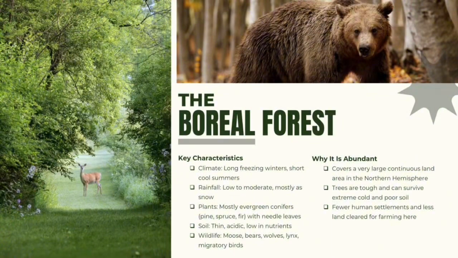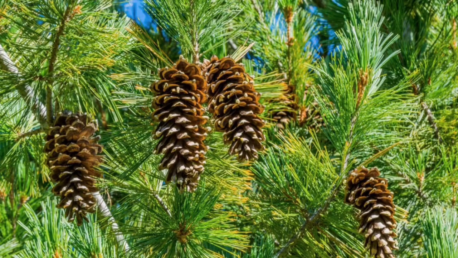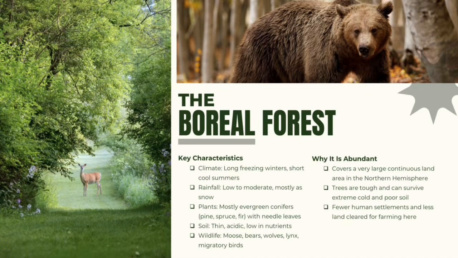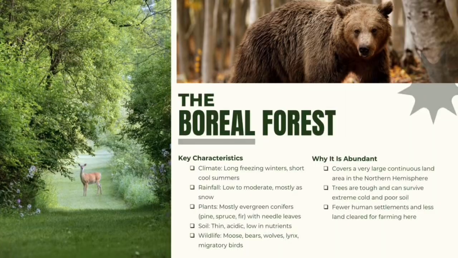The plants in this forest are dominated by evergreen conifers like pine, spruce, and fir. As for the soil, it is very thin, highly acidic, and low in nutrients. That is because slow decomposition of fallen pine needles keeps the soil poor, and frozen subsoil stops tree roots from growing deep.